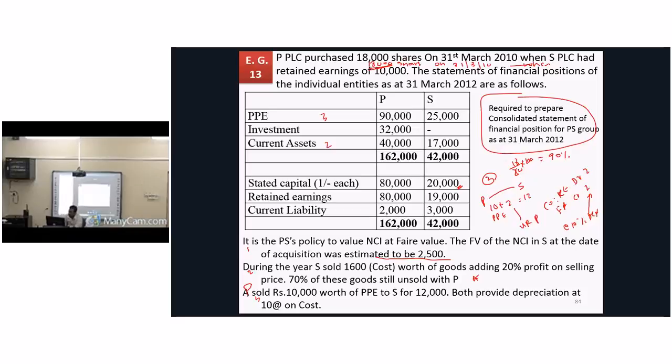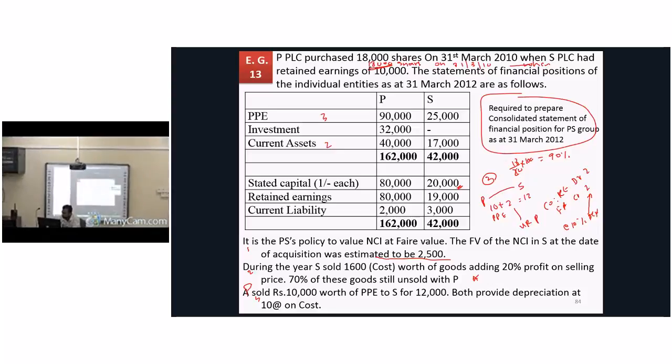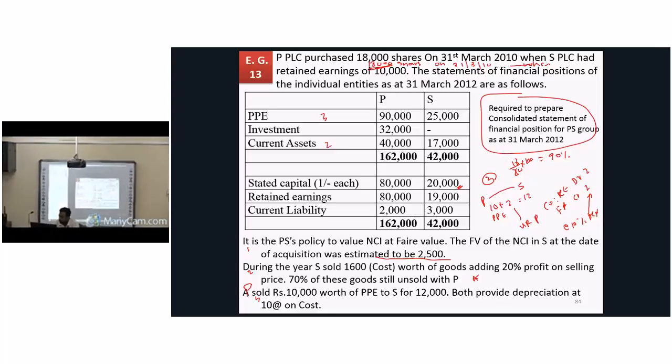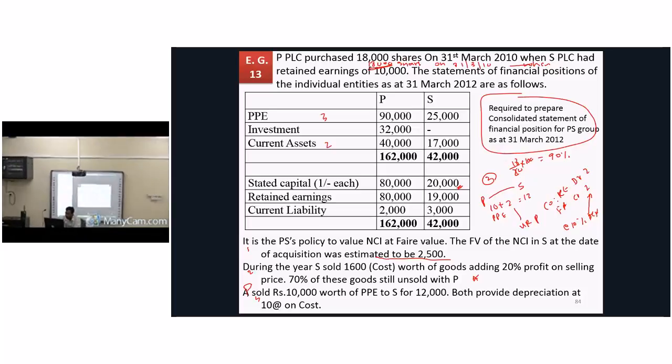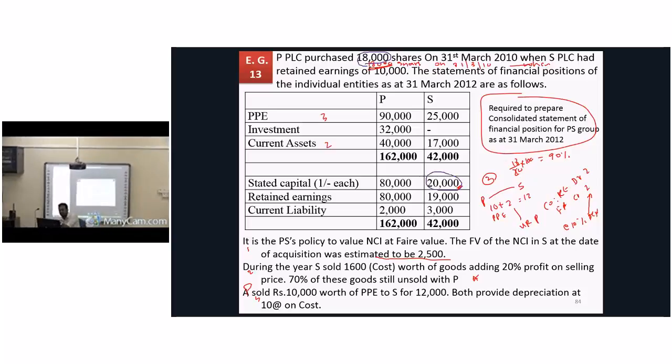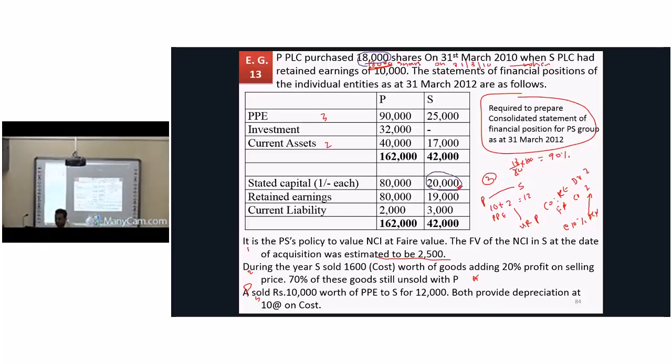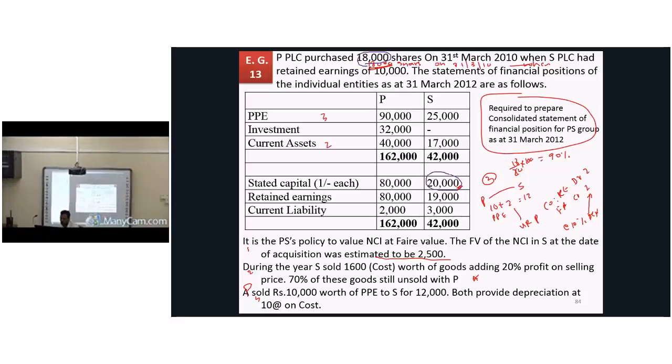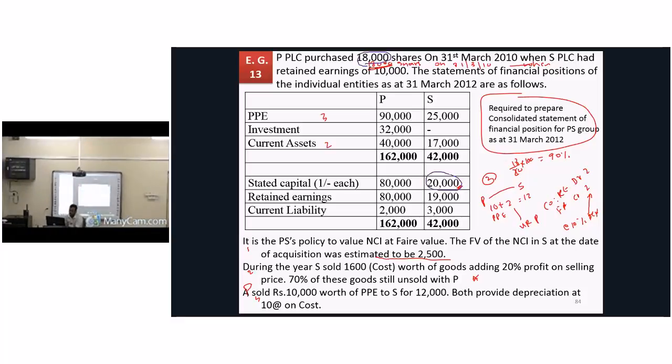Then the first point you have to notice: from this 20,000, they will purchase 18,000. Then what is the acquisition percentage? 18 over 20 means 90%. 90% acquisition. Remember that point first.